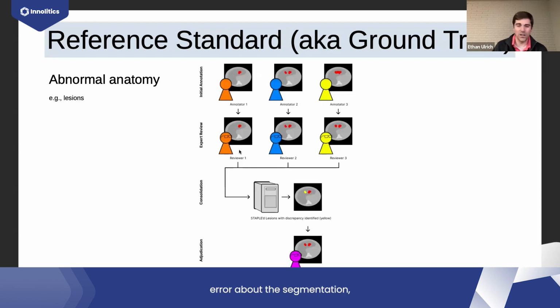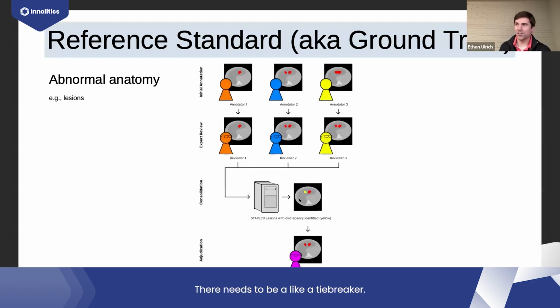If there's any error in the segmentation, they would actually change it, and that's what I'm showing with this path right here. The reviewer changes it to two lesions. Then there would be a consolidation step where you identify lesions that were annotated and also identify where there might be a discrepancy. That's what the yellow is showing: reviewer 1 did not find this second lesion, so something's going on there. There needs to be an additional step to establish this ground truth.